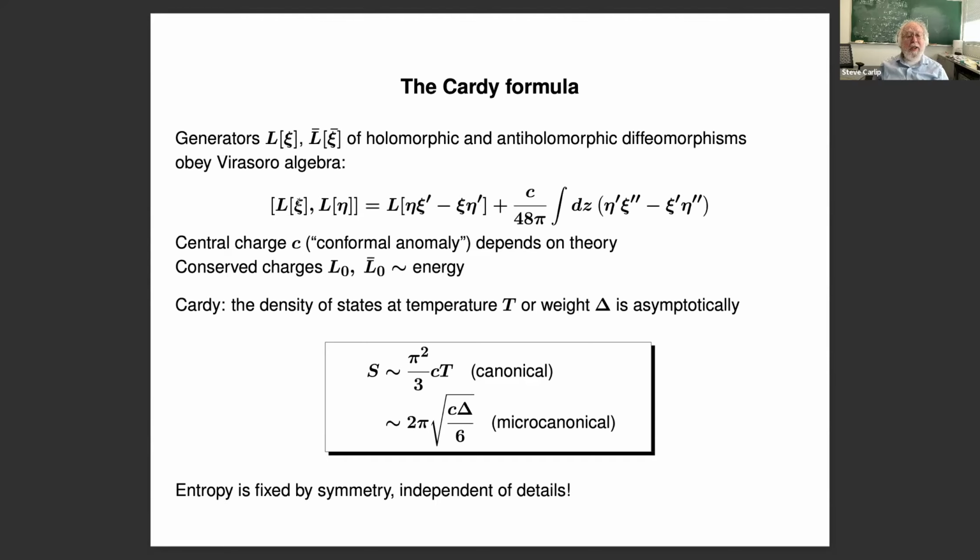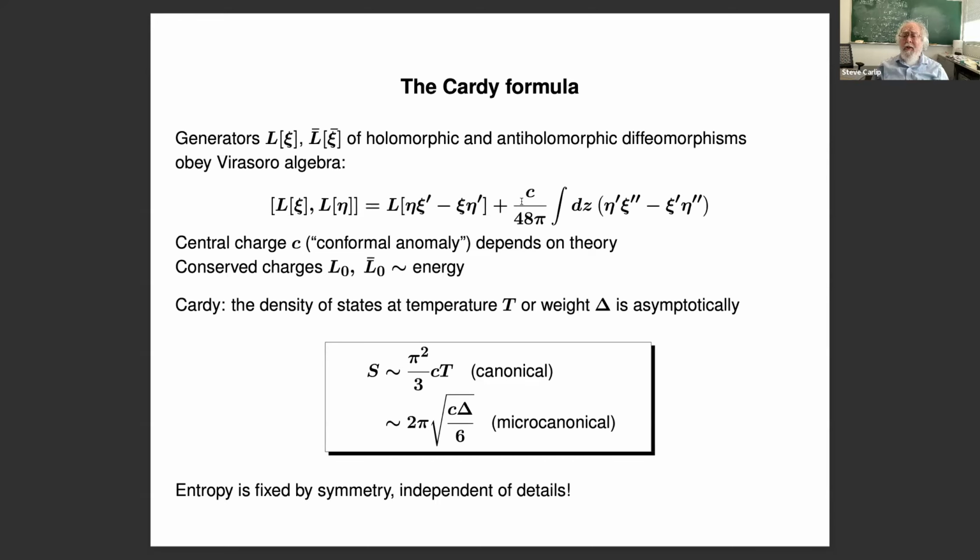The commutator of a diffeomorphism xi and eta is just eta xi prime minus xi eta prime. Just take a vector, transform it by one diffeomorphism and then by another, then do it in the opposite direction, take the difference. This is what you get.